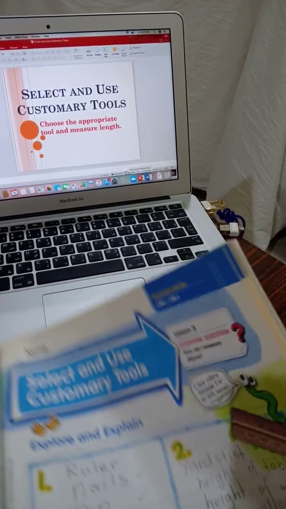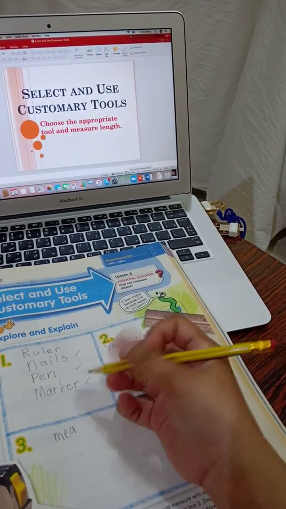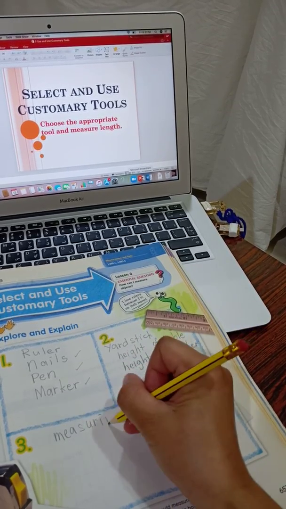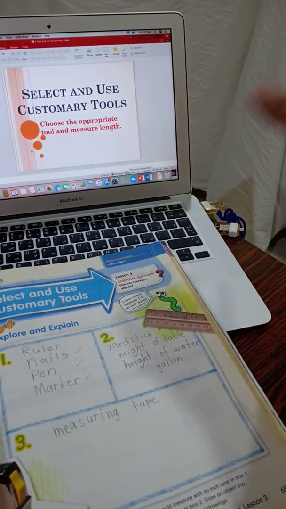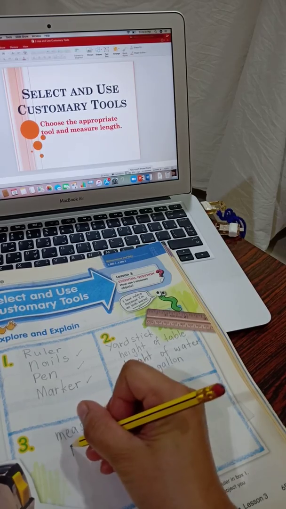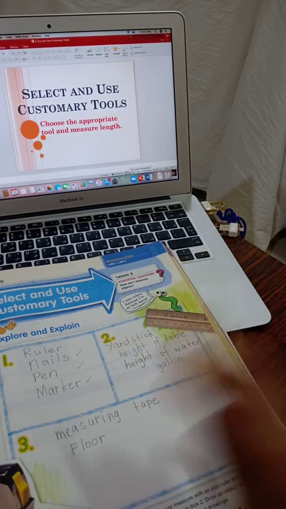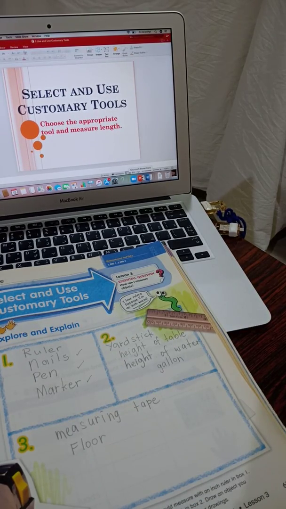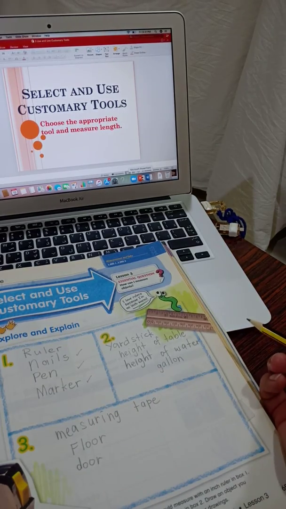Now, let's continue. What are the things that can be measured using a measuring tape? So, these are the objects that are longer than 3 feet. So, this is a long object. Can you name one? Very good. We can measure the floor using the measuring tape. Yes, excellent. We can measure our door. What else? Very good.